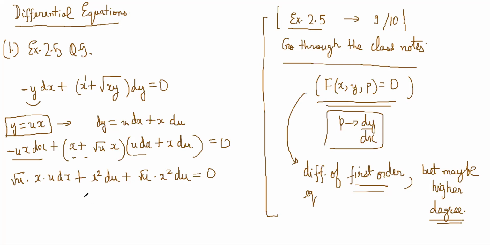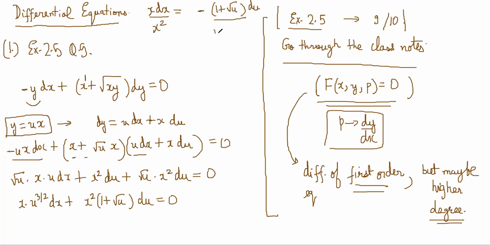Because now we can do x into u power 3 by 2 dx plus x square du common, so 1 plus root u du. So we'll be able to now do dx by x is equal to minus (1 plus root u) du by u to the power 3 by 2, right? So this is integrable.